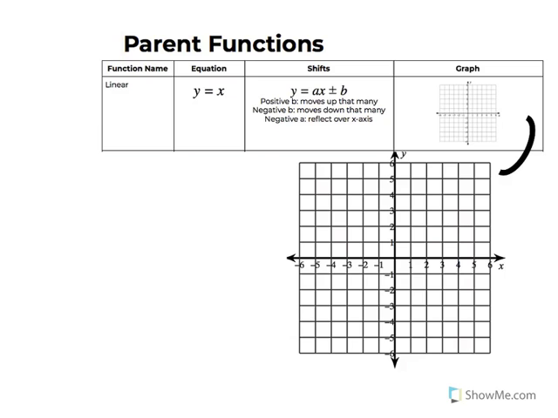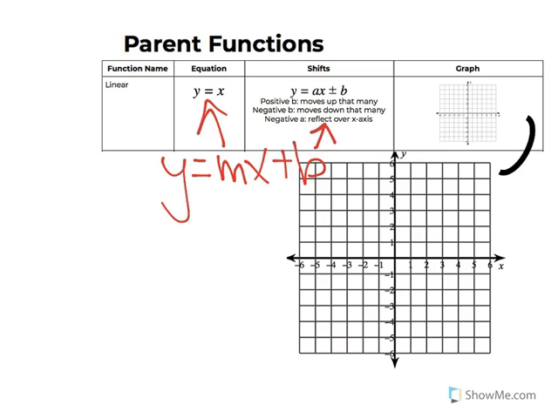So the general equation for a linear function is y equals x. Now, a lot of the time, we see y equals mx plus b, which is a variation of y equals x, where m is your slope and b is the y-intercept.